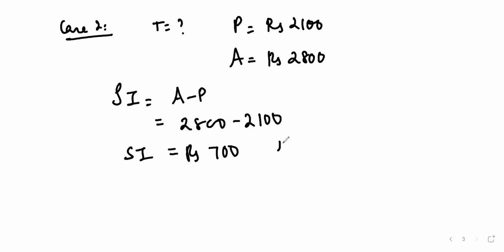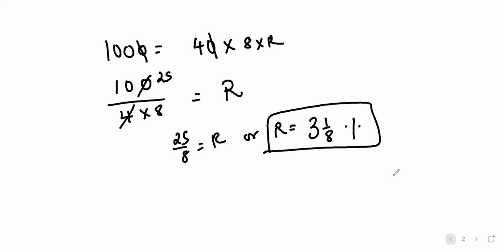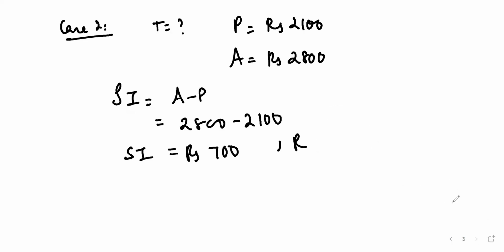The rate is the same as in the previous case, 25 upon 8%. Remember, 25 by 8. I'm just scrolling back the pages so you can relate to what I'm talking about. So R is 25 by 8%.